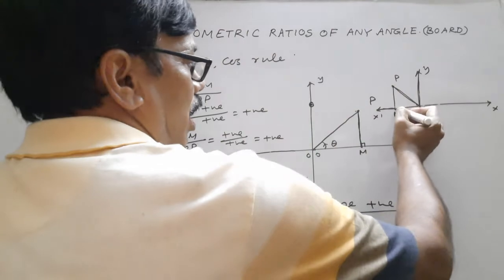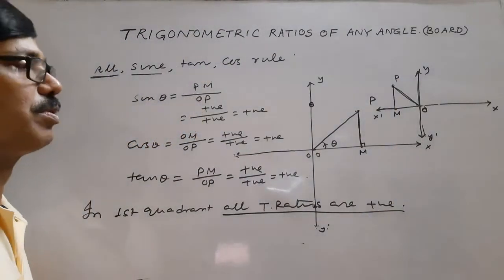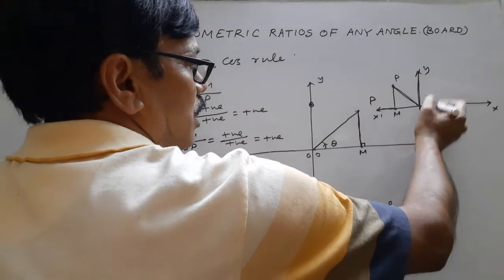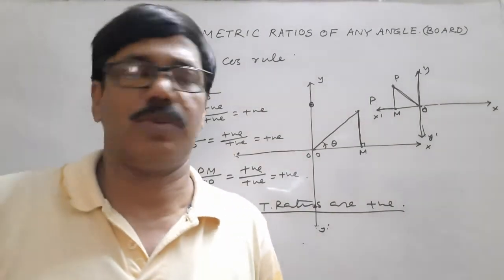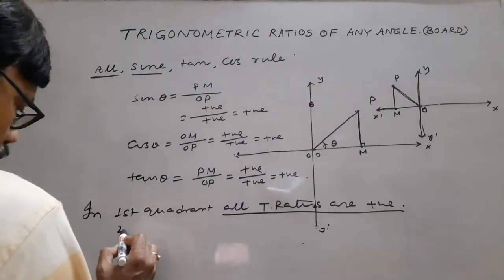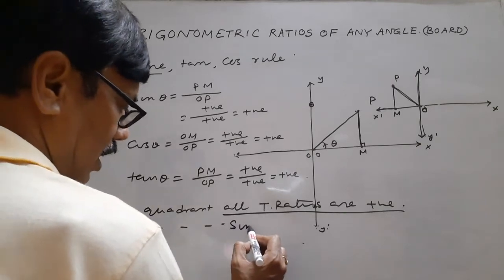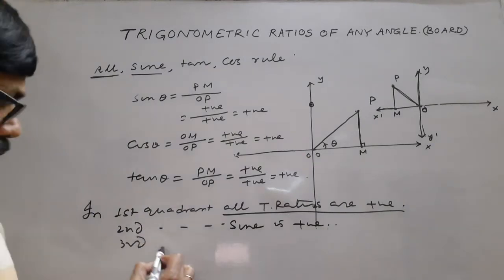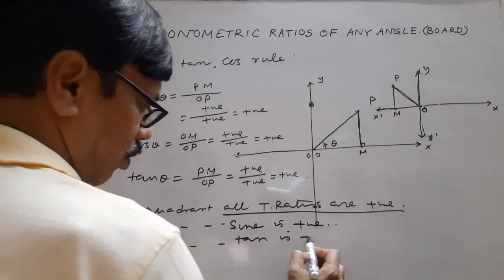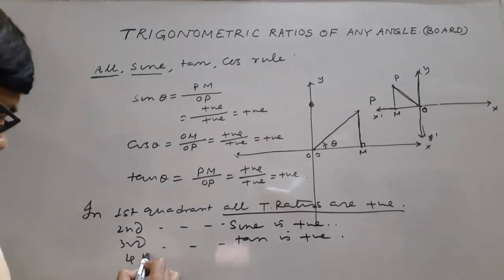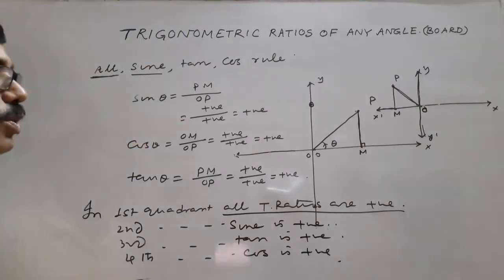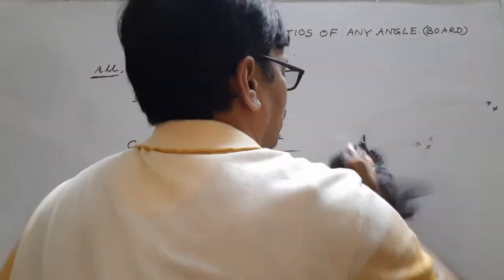So PM by OP is positive. Cos theta, OM by OP. OM is negative, OP is positive. So cos is negative. So in the second quadrant, sine is positive, and sine means cosec also. In the third quadrant, tan is positive. And in the fourth quadrant, cos is positive. So what is the rule? You only remember the result.